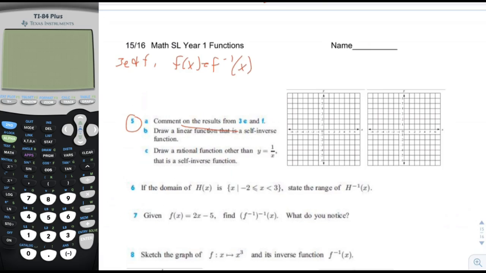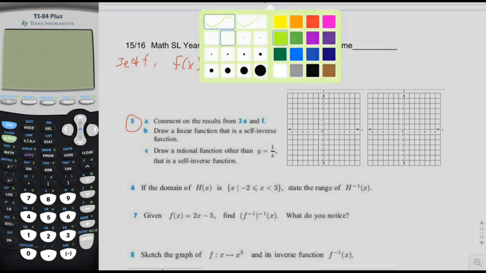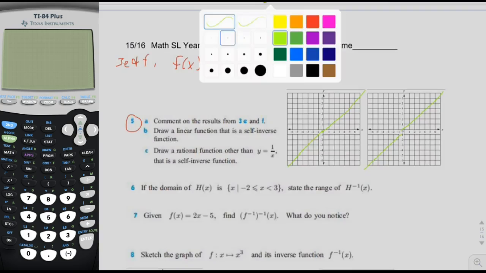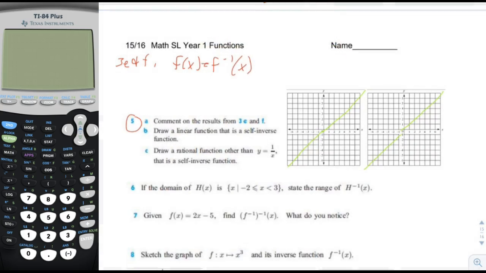Okay? And then it says, draw a linear function that is a self-inverse function. So remember, a self-inverse function has to have itself as an inverse. So, I mean, you're very limited.